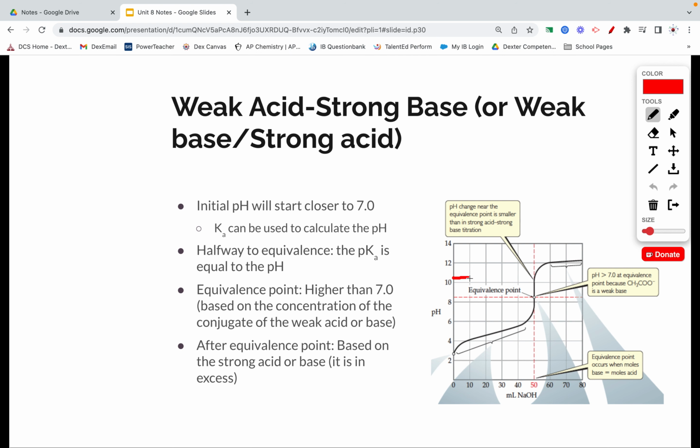And we'd have more of a curve going down, and then we would have a straight line, and then it comes across. And again, our equivalence point, notice it's not going to be at 7, it's going to be below 7 if it is a weak base with a strong acid.